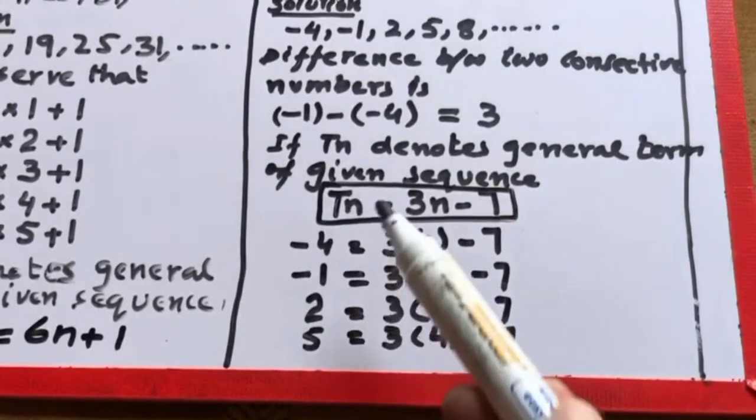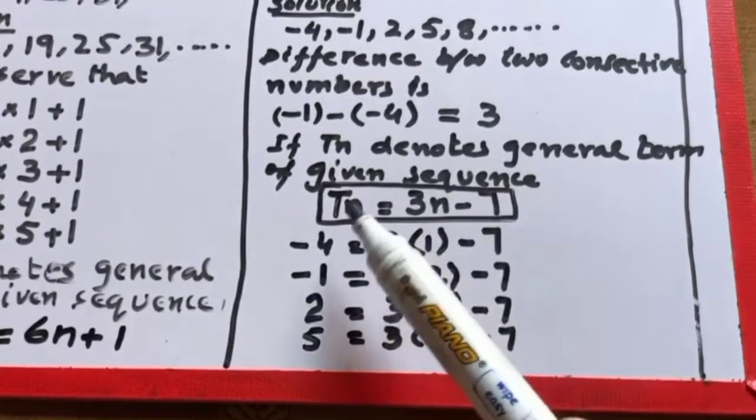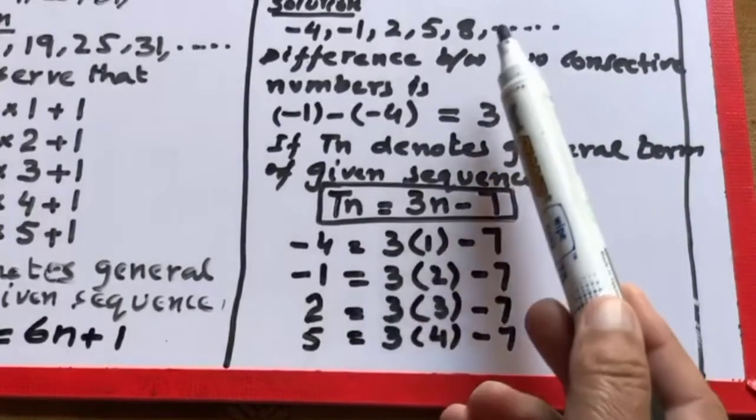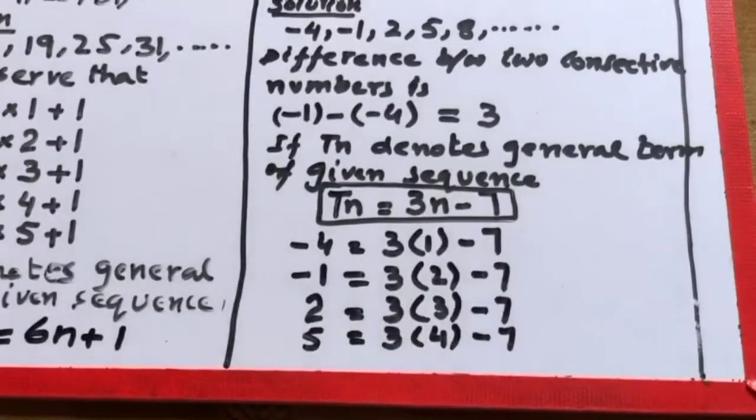With the help of this formula, we can find any term of the following number sequence. In question number 1, all the number sequences are given. You have to find and generate the general term formula by which you can easily find the next term of the given number sequence.